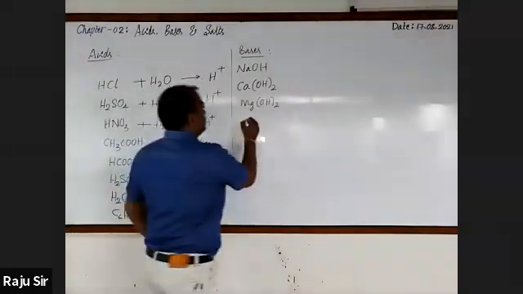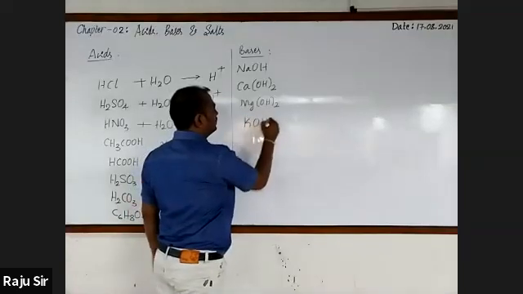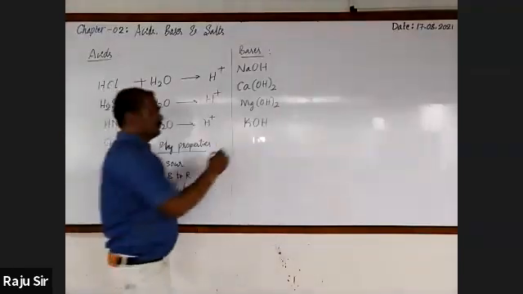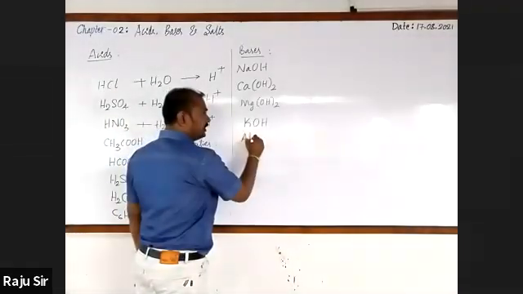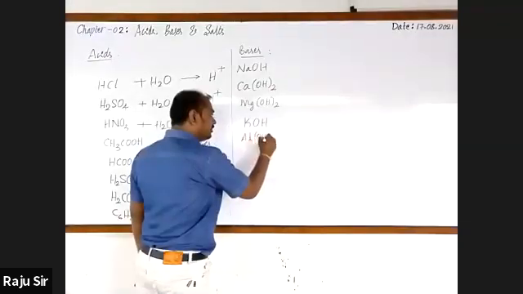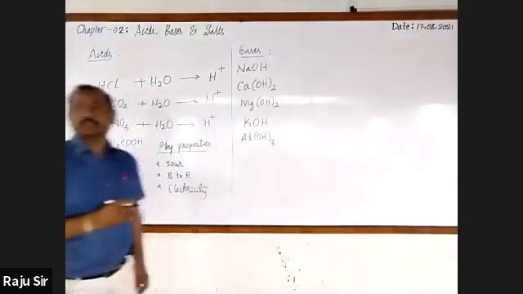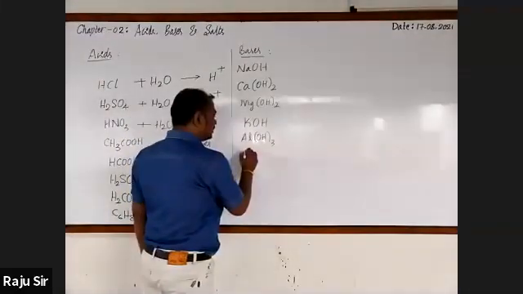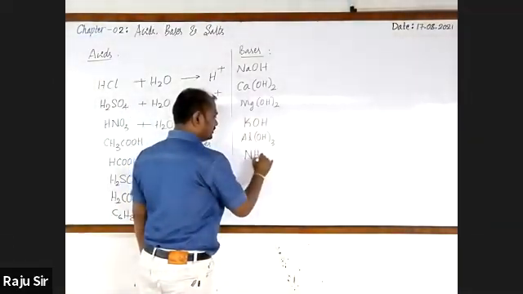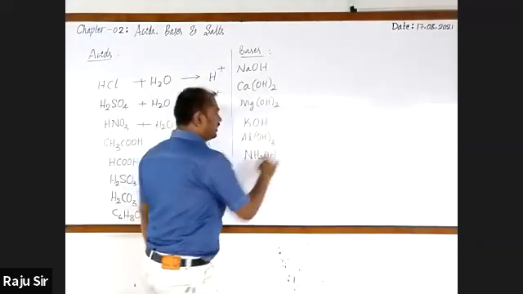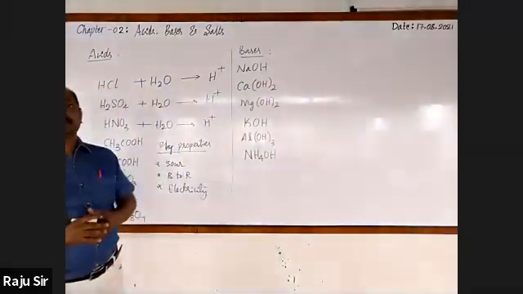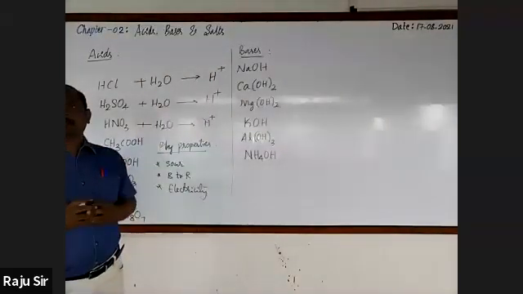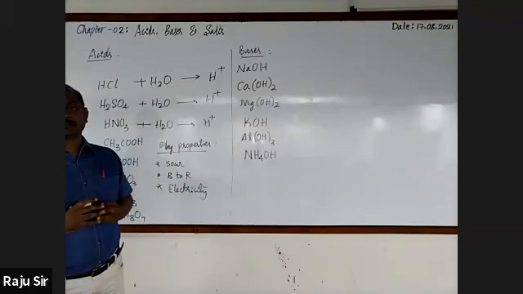Potassium hydroxide, KOH. Aluminum hydroxide, Al(OH)3. And another one, ammonium hydroxide, NH4OH. These are a few examples of bases. They are bitter in taste.